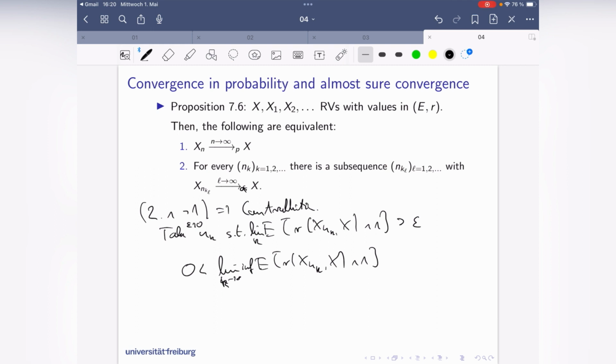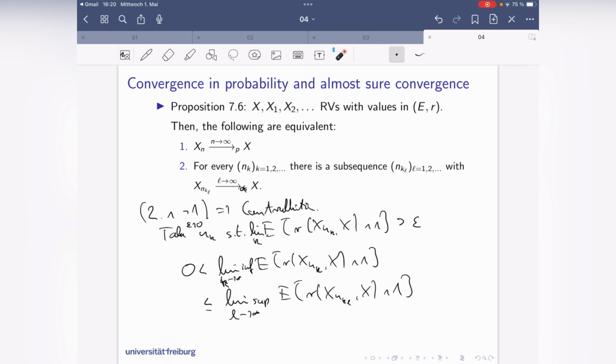The lim inf is certainly smaller or equal than the lim sup, as l goes to infinity, of the expectation of ρ(X_{n_k_l}, X) minimum 1, because the lim inf here is the smallest limit along a subsequence that you can take, and that's smaller or equal than the subsequence X_{n_k_l} which we have here.